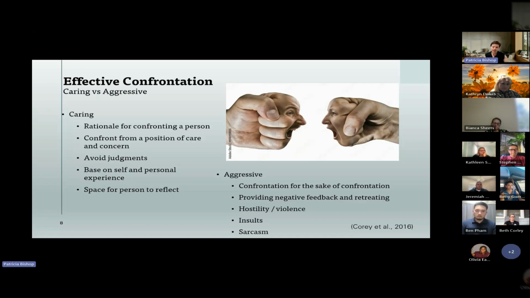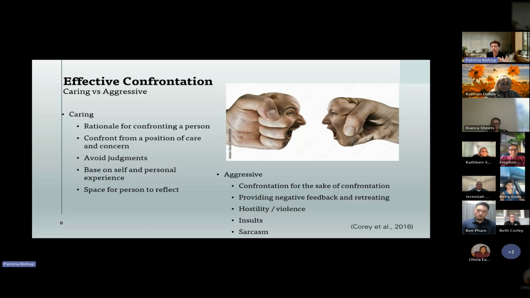It can promote insight and awareness. It can reduce resistance. It can promote open communication, and really just lead to changes in behaviors, emotions, and thoughts, right? When it's done with care, there's a lack of judgment.